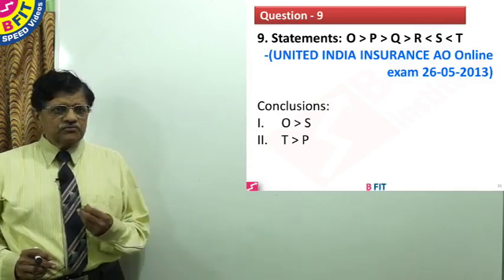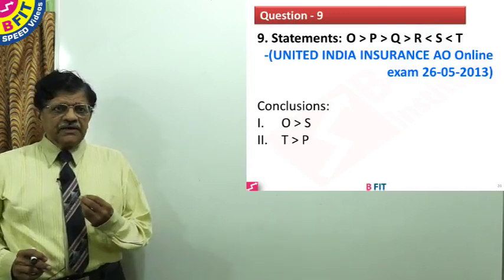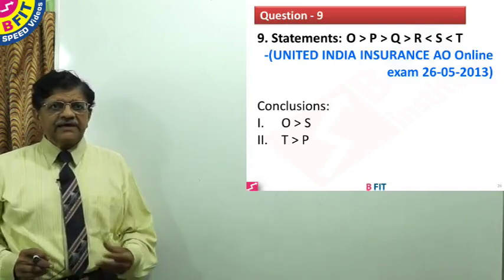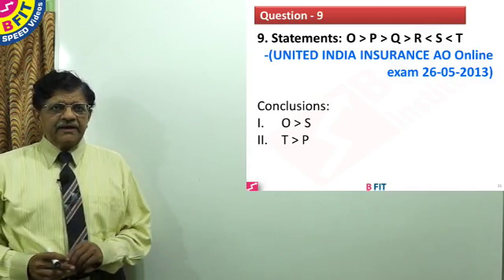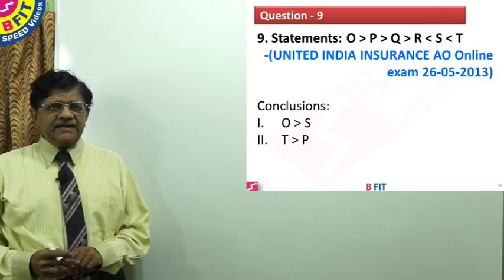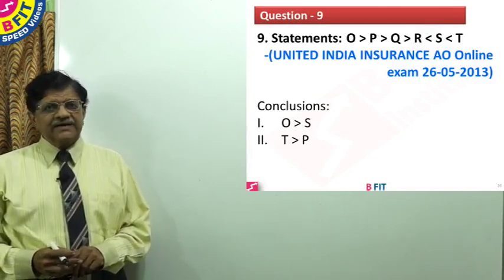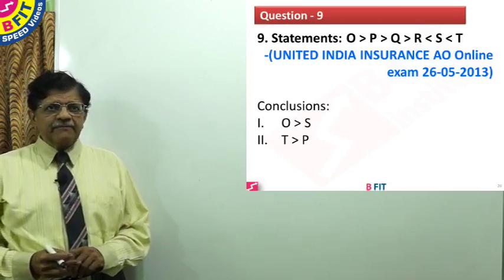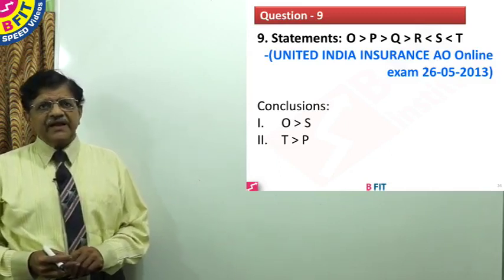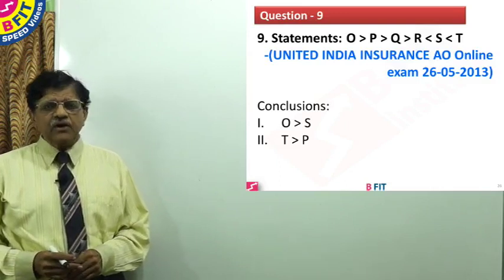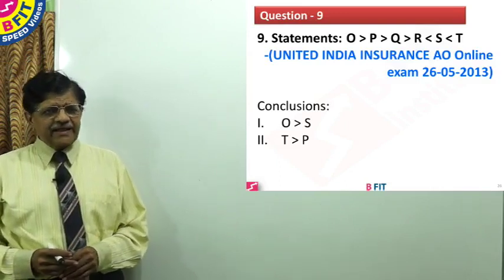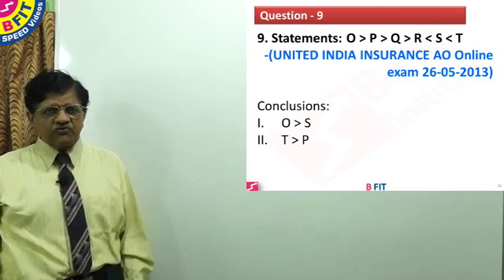Then go to T and P. You look at T and P. P is greater than Q, greater than R, less than S. Between P and T, there are again conflicting symbols. Therefore, T is greater than P, the second conclusion is also false.